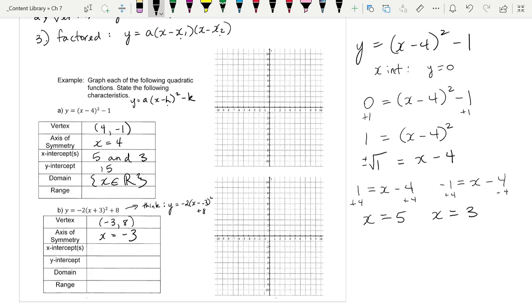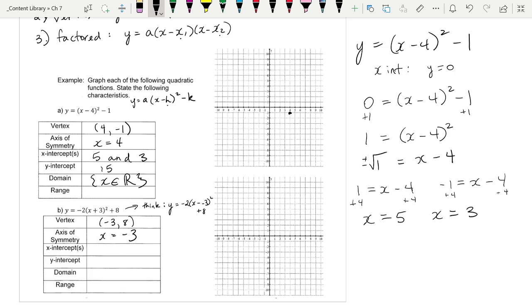For the range though, which number that's already in the chart tells me the range? 4. No, it's not the 4. Negative 1. It's the -1, because -1 is the vertex. It can't go below that, because -1 and 4, we better start putting things down. 4 over and 1 down. There's the vertex.